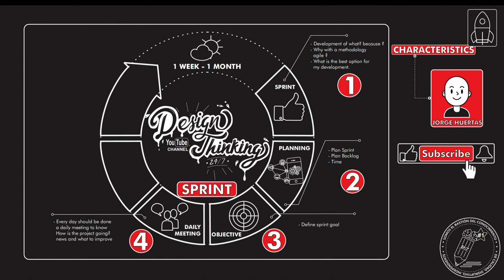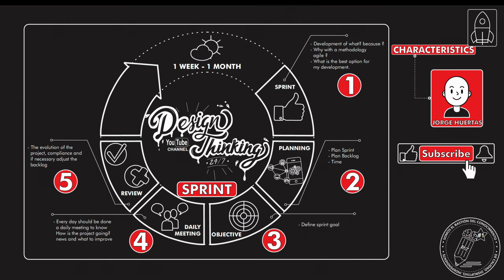Each one of the members of the team has to report what they did the day before. We need to know if they are on time, if they are left behind, what's going on. This meeting is not too long, but it has to be every single day, and each one of the members needs to report what they have been doing and how they are going.